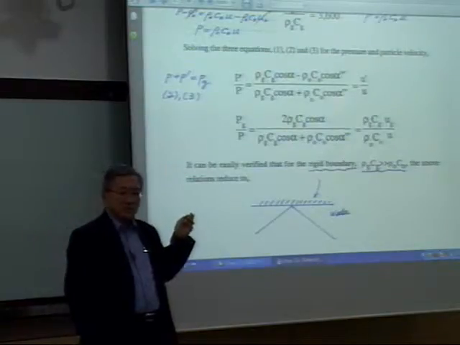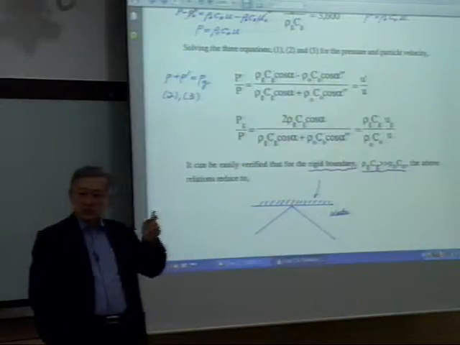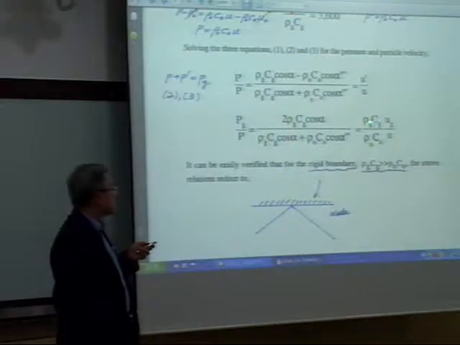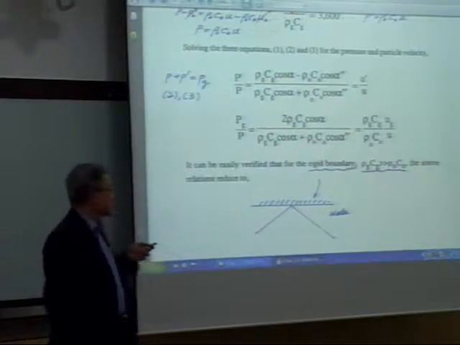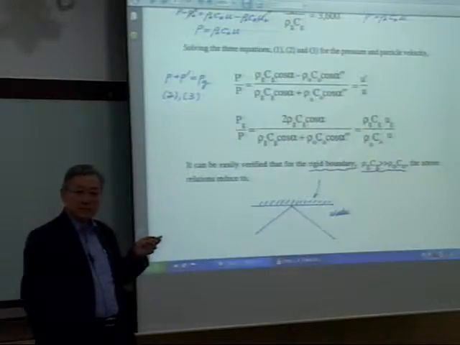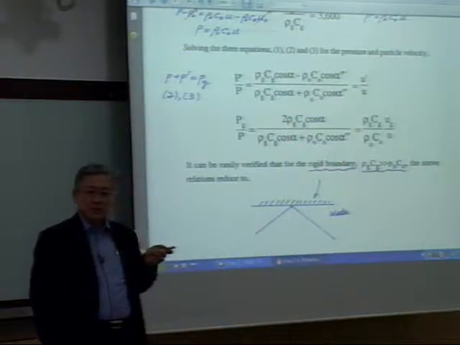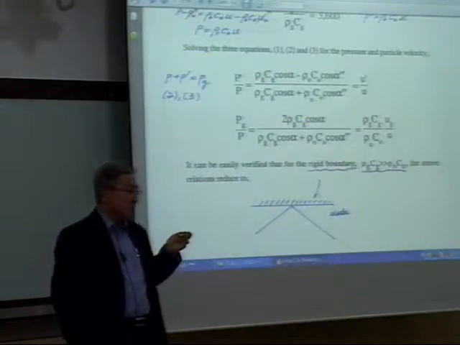In this case, when I derive all this, I used the air as UG, CG, and rho G. I could use AIR as a subscript, but rho naught, C naught is the characteristic impedance of water.